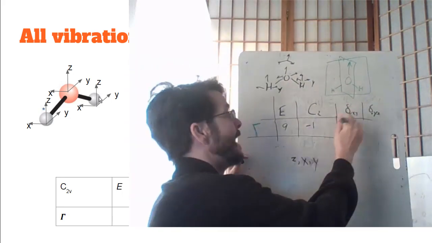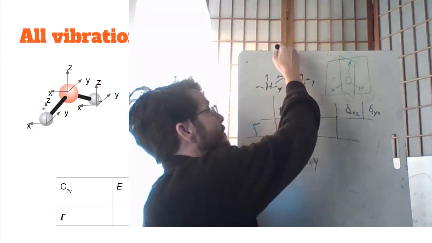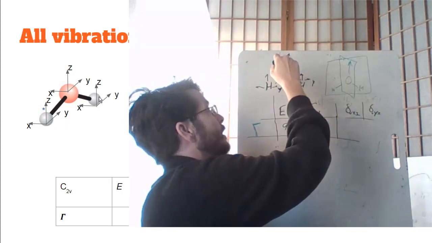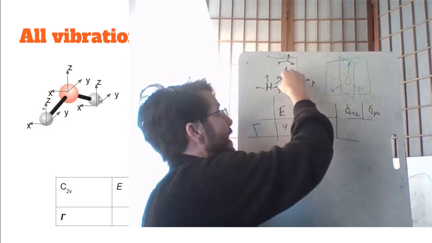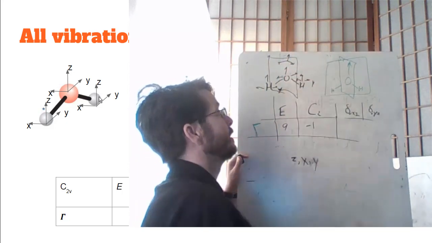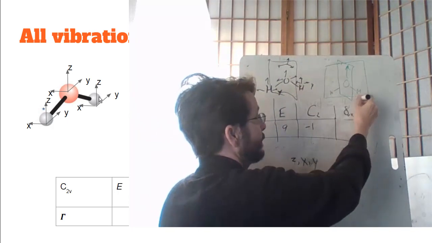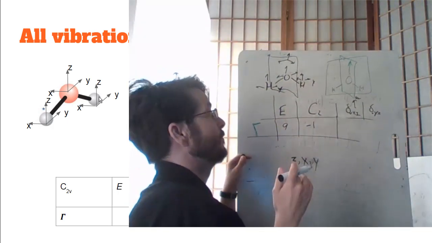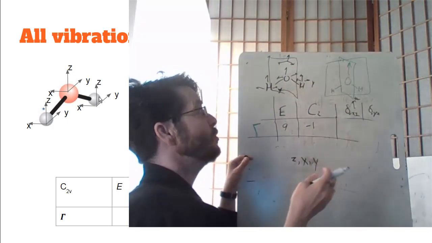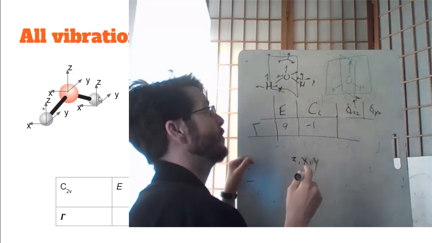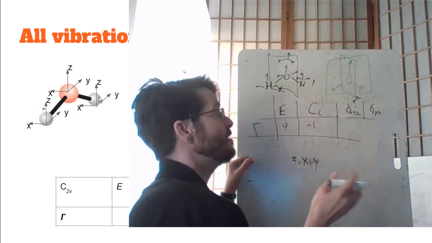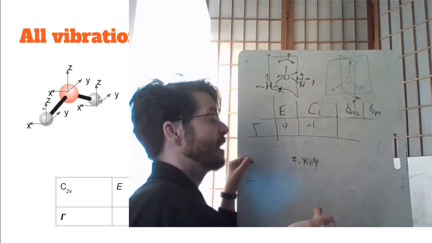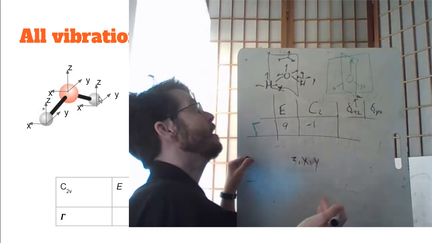So for the xz axis, that would be the plane that divides the two. So the xz axis, we see that the two H atoms move, so these two trade places, and so those atoms have moved, and therefore we don't consider those axes at all.